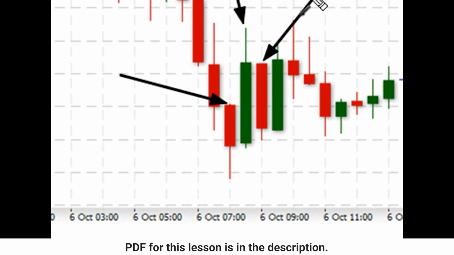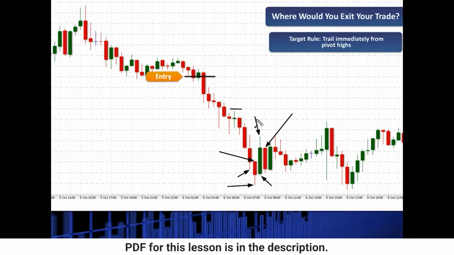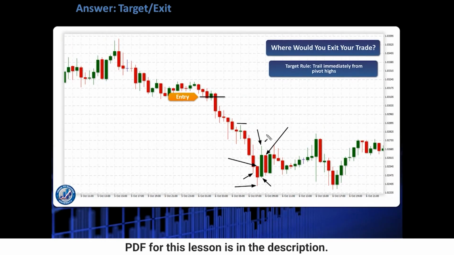Now note how we're not paying attention to the pivot low that has formed here, with a higher low to the right and a higher low to the left, because we are trailing for a short position. Therefore, we will be trailing only by highs. As in the target rule, we are only paying attention to highs. So we move our stop to this pivot high.